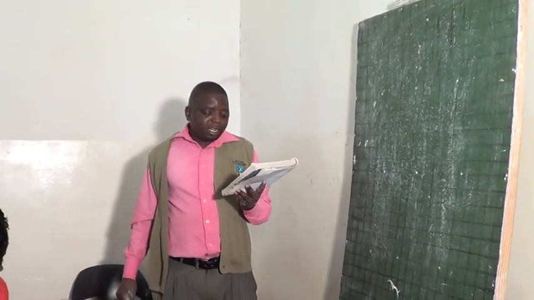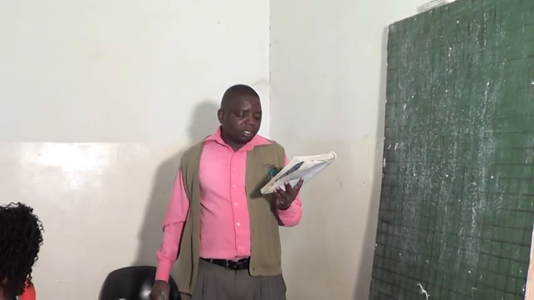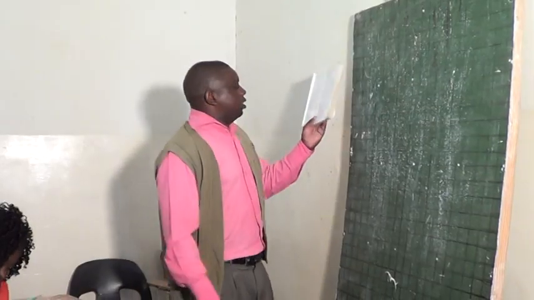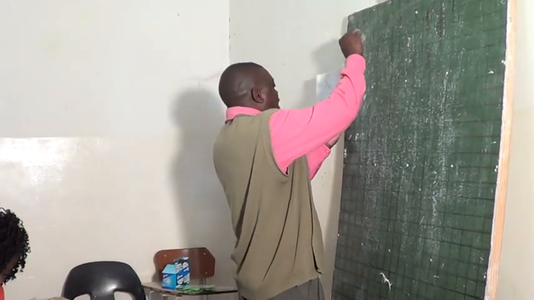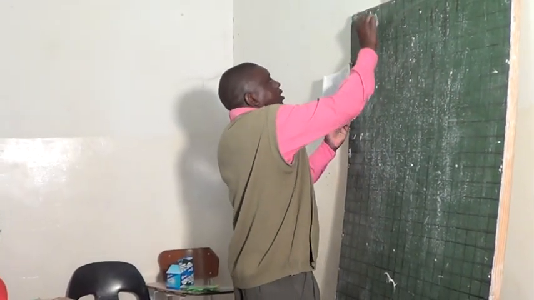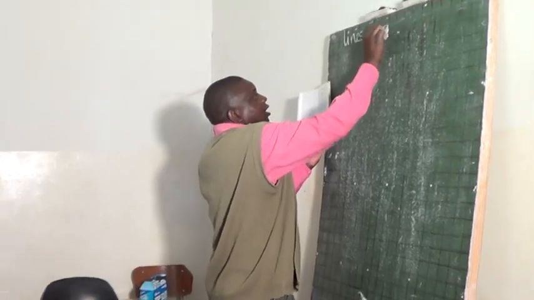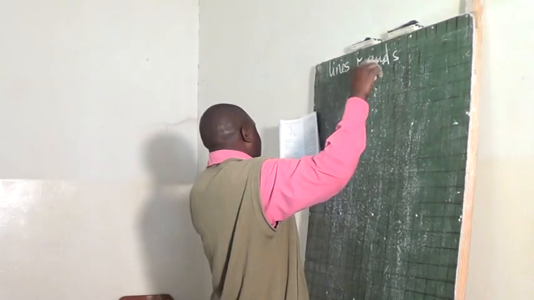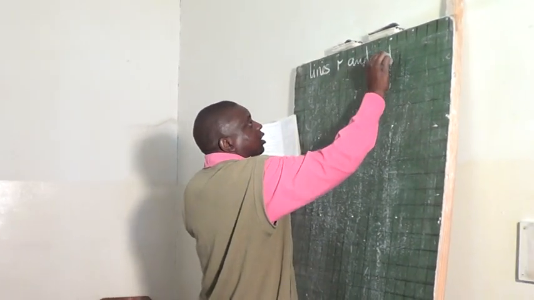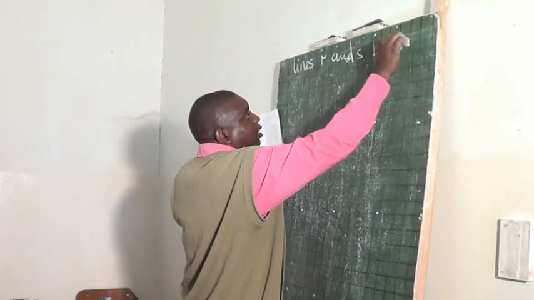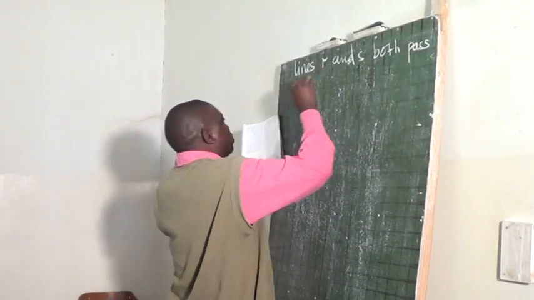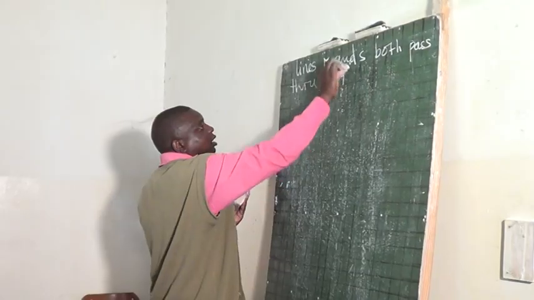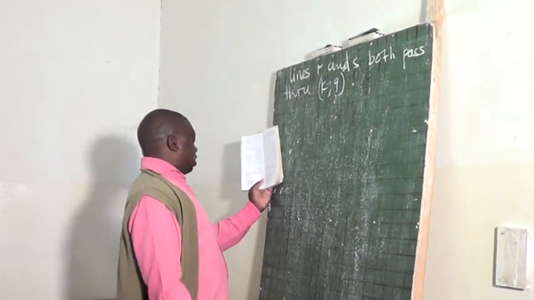Finally, number 10. Lines R and S both pass through the point (k, 9).